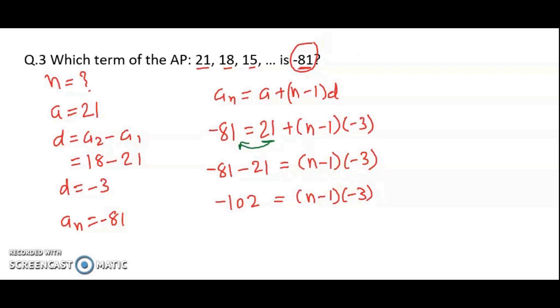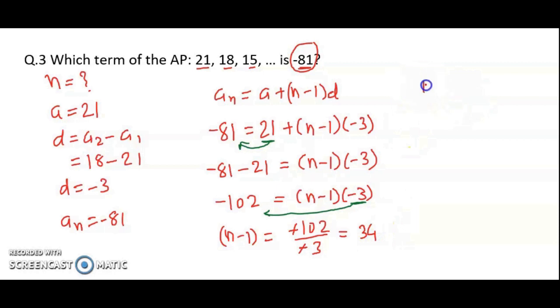Now this minus 3 will go into the denominator here. So we get n minus 1 equal to minus 102 divided by minus 3. Here minus minus cancel out and 102 divided by 3, you will get 34.